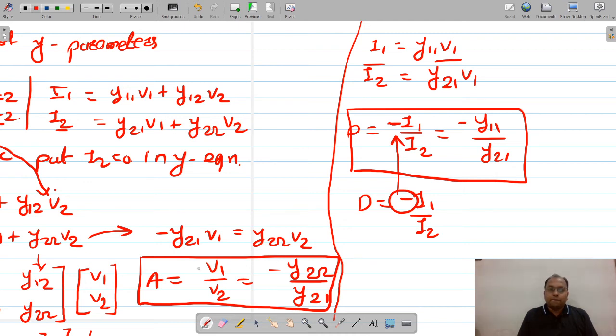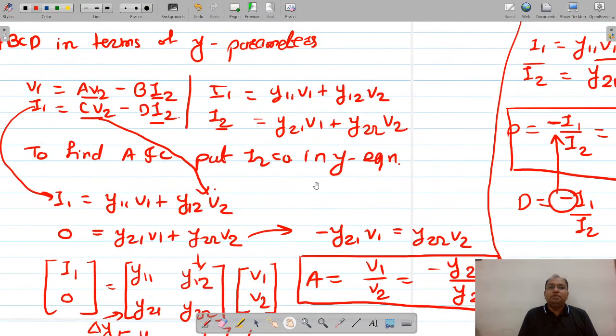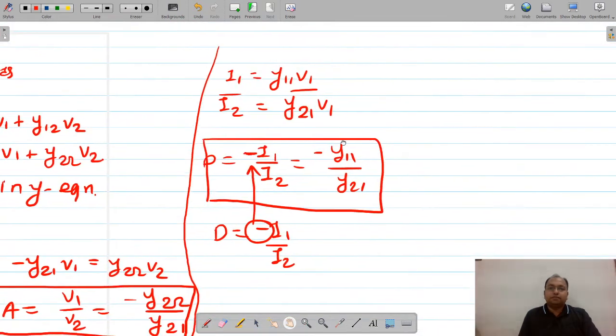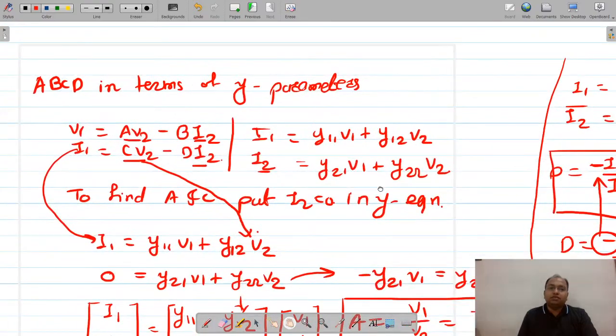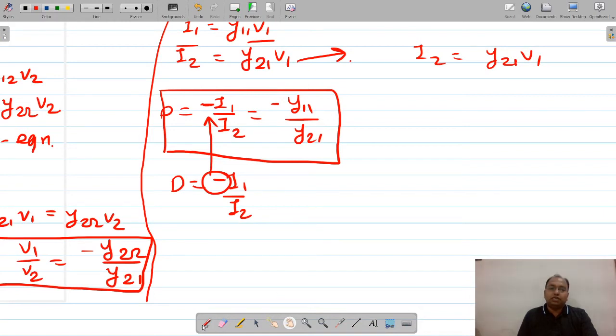Okay, fine. And then finally, what is the last? That is b. How to find out b? B is a minus v1 to i2 ratio. So minus v1 to i2. From this equation, can I get it? Okay, so i2 is equals to y21 v1. And what is my equation? I must get v1 to i2, no? Yes, v1 divided by i2, and it must also again be minus. So let us write it.